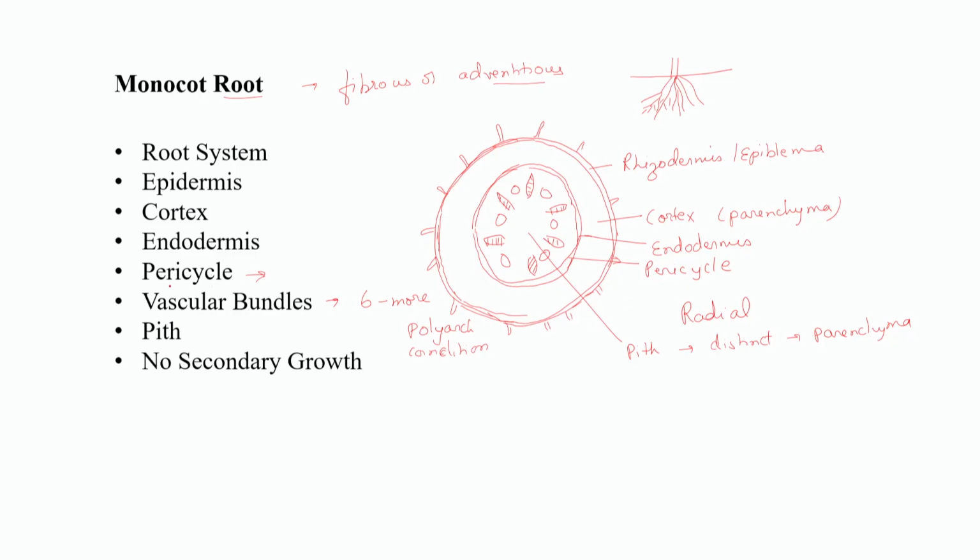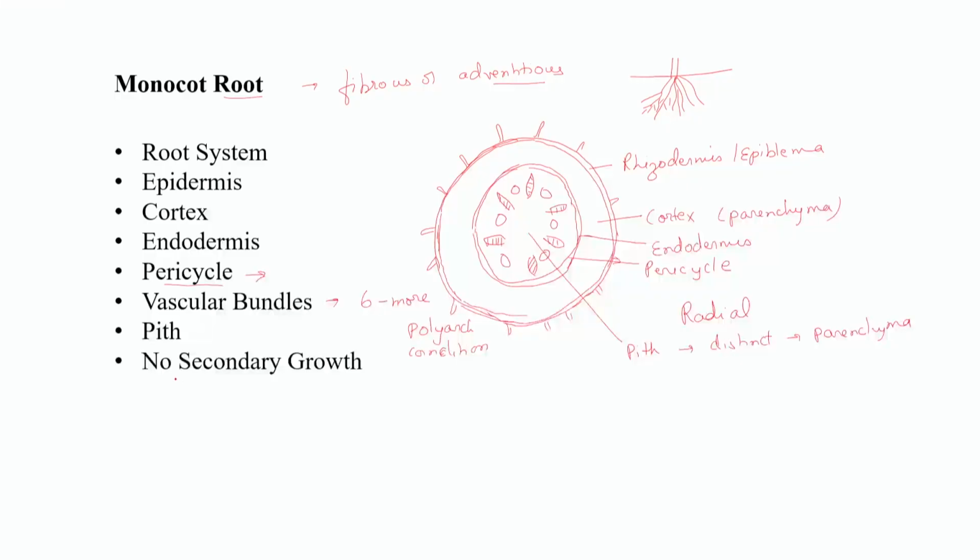This pericycle layer, after a certain period of time, starts behaving like meristematic tissue, but in monocot root no secondary growth will be there. So this pericycle will not participate in such division.